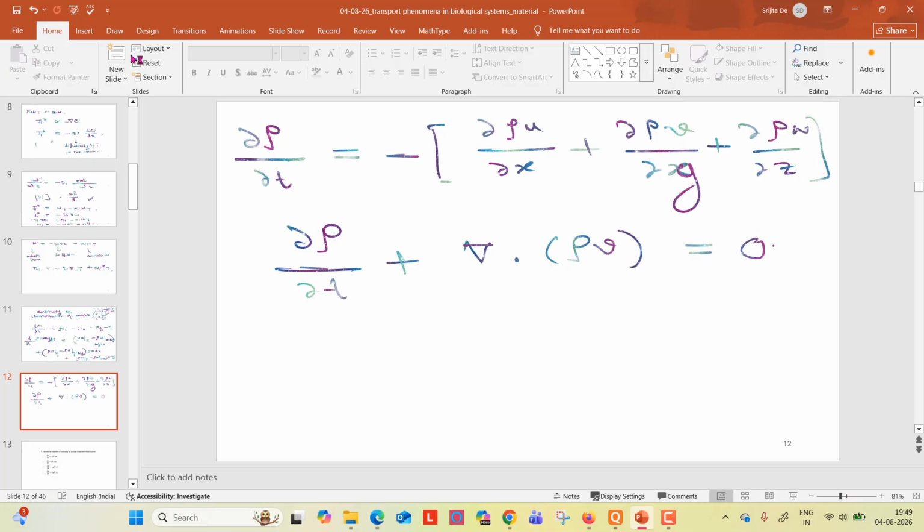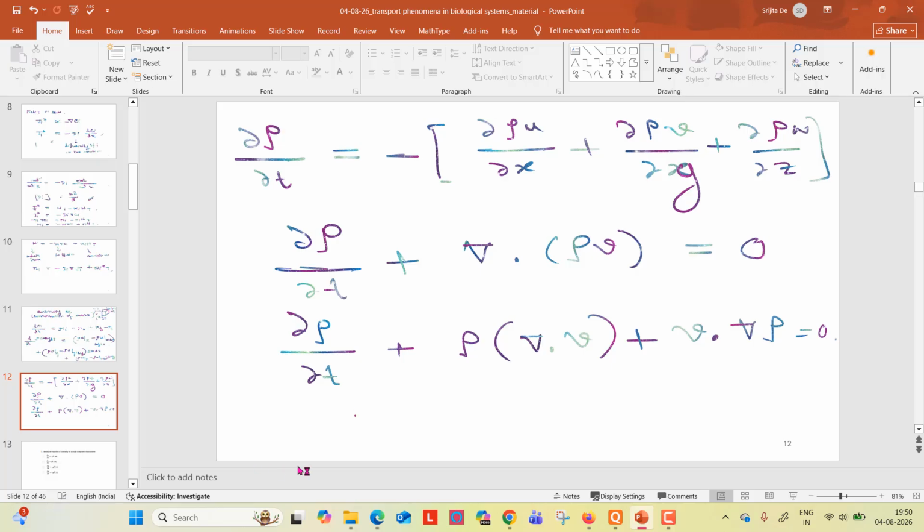We know that, right? So now if we expand this, del rho del t plus, if you expand this, it will be rho into divergence of v plus v dot grad rho equals to 0, right?